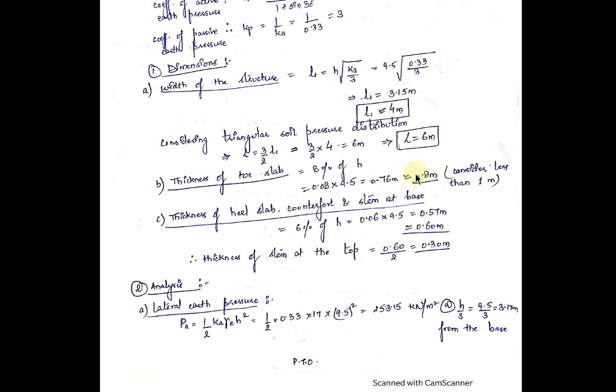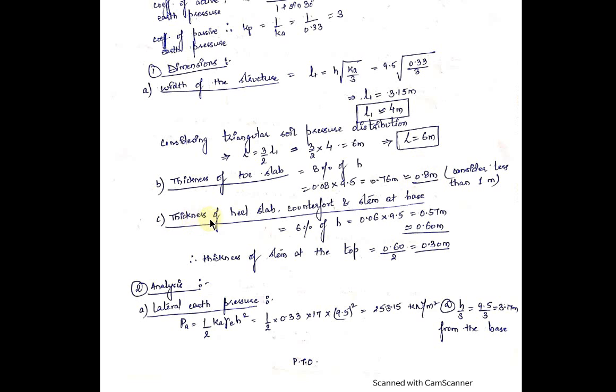Therefore I will take it as 0.8 meters. But keep this value lesser than 1 meter, otherwise the retaining wall will become very uneconomical. So you also have to consider the economic aspect of the retaining wall.